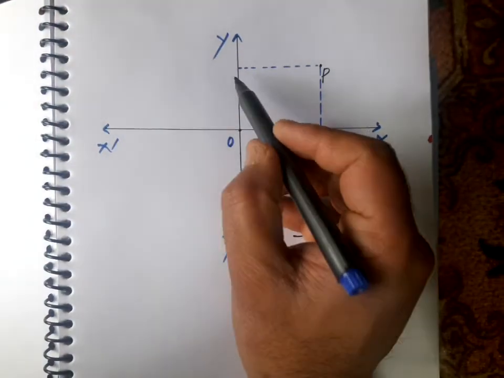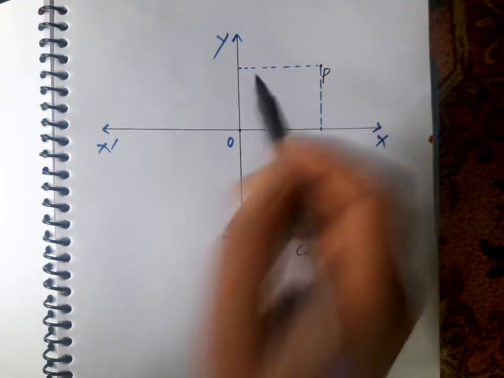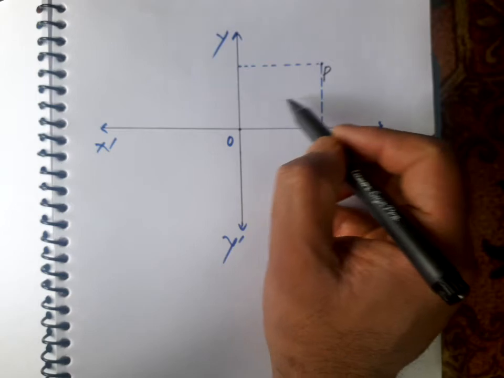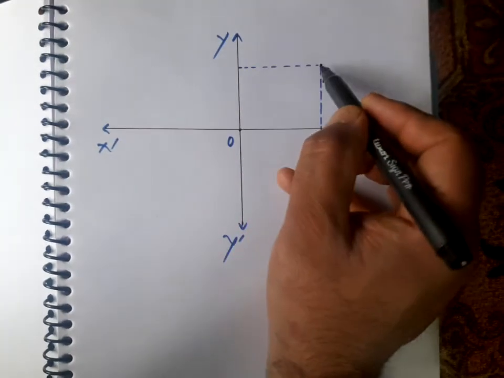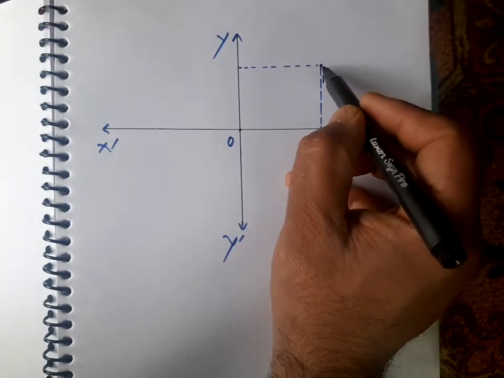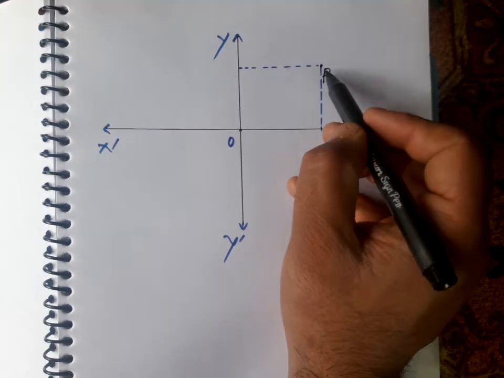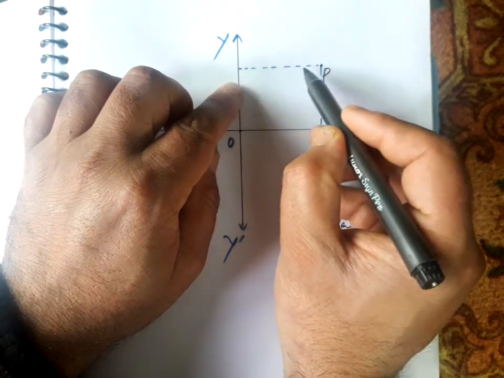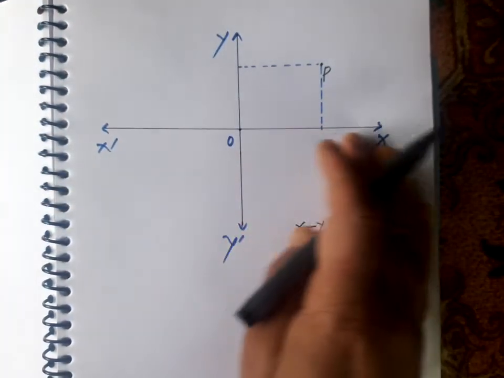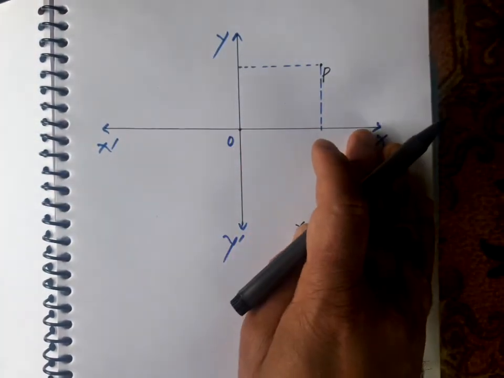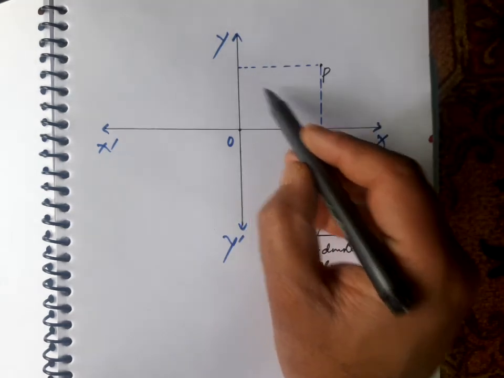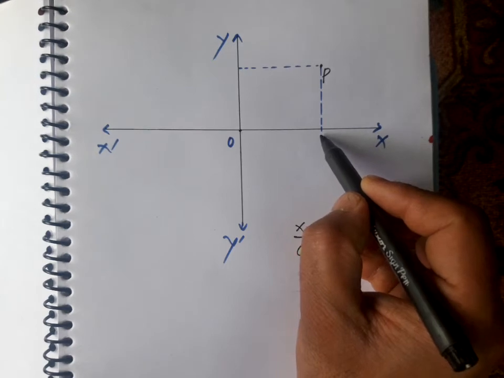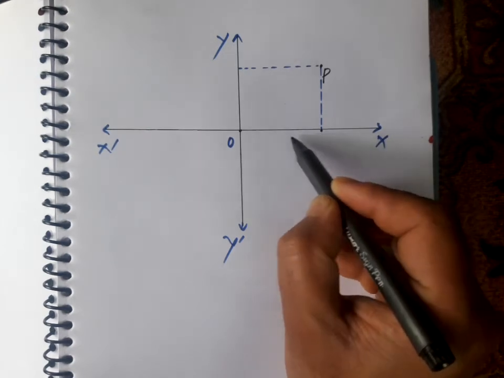Now the distance of point P from the y-axis will be measured in the positive x direction.